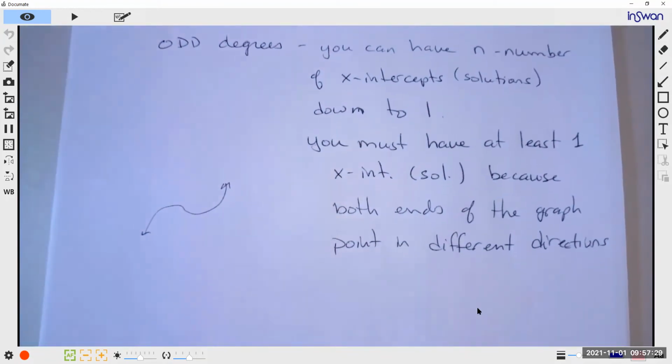One side has to eventually cross the x-axis.